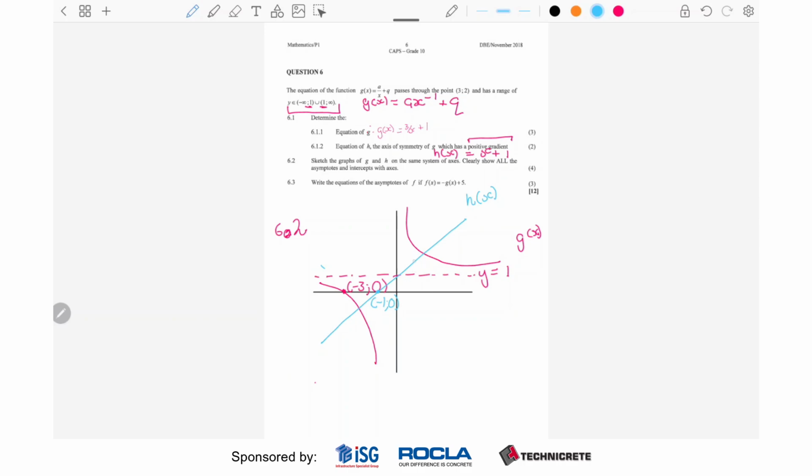We didn't show our y-intercept of h of x. So h of x is equal to x plus 1. So y will equal 0 plus 1, therefore y is equal to 1. That means the y-intercept of h of x is 1.0, which is in line with the asymptote.